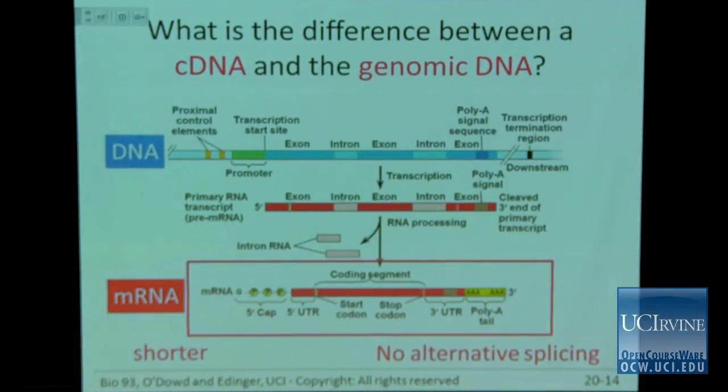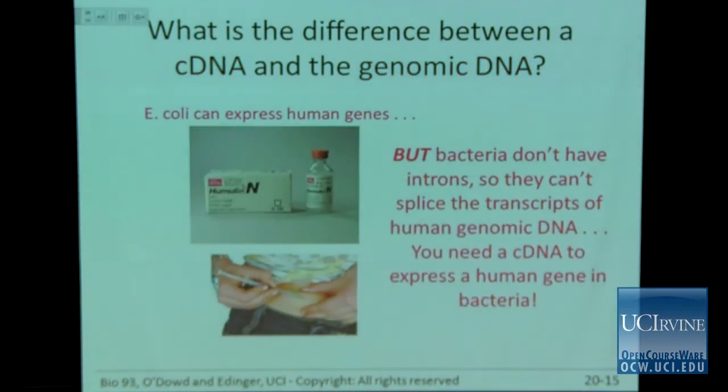So if you want to study a particular splice isoform, a particular form of that protein, you won't get splicing anymore if the introns are gone. And if you want to study splicing, the cDNA may be a little bit trickier to use, but alternative splicing will be gone. No need for splicing.